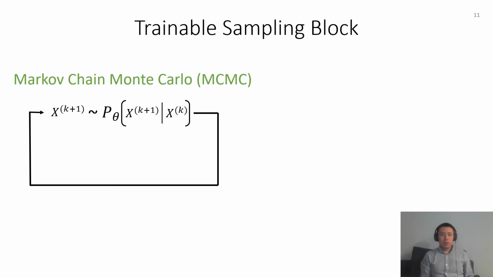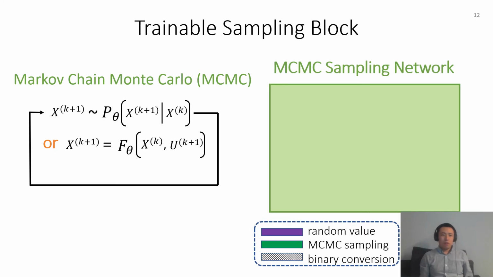During the autoencoder's training, the Ising model distribution can be sampled using a Markov chain Monte Carlo method. In MCMC, the sample is iteratively updated from a conditional distribution based on the last step. You can also interpret the sample update as a function of the last step sample and the random perturbation U. Therefore, we can unroll the MCMC sampler as an MCMC sampling network where each layer represents a MCMC sampling iteration.